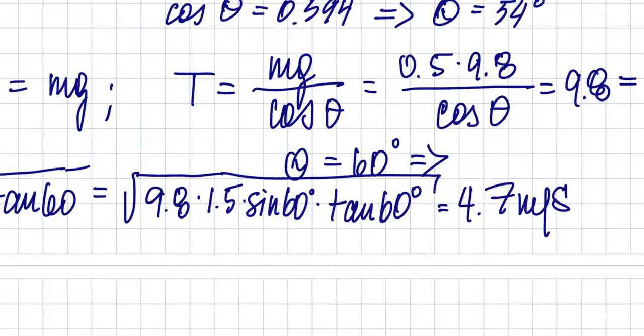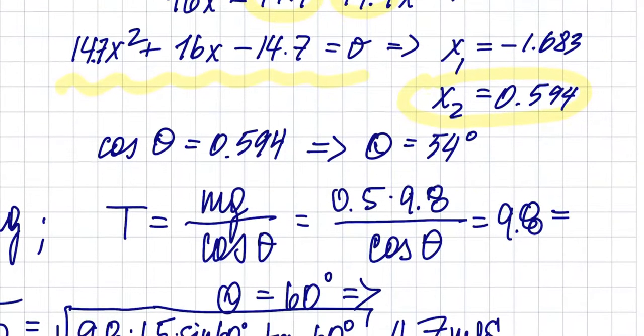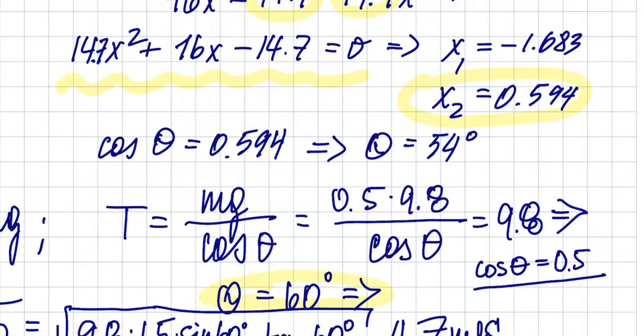That gives you the idea that cosine of theta equals 0.5, which makes that a known value of 60 degrees, because cosine of 60 equals half. So that is my conclusion, that the maximum angle that that string can make is 60 degrees.